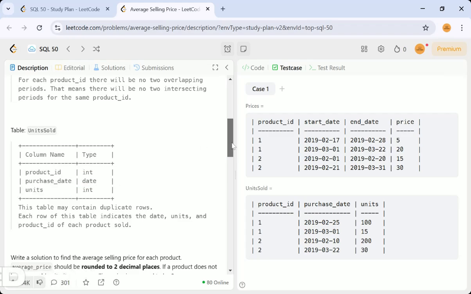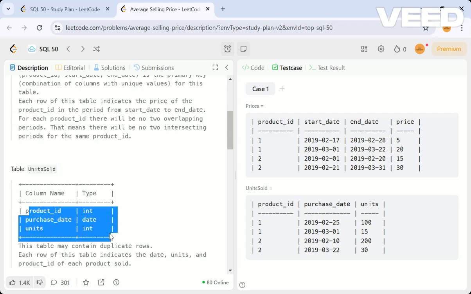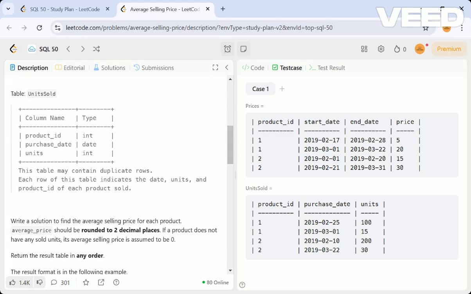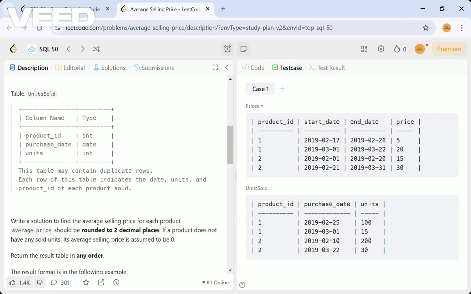It records which product was purchased on which date, and how many units were purchased. This table can contain duplicate rows: the same product on the same purchase date can appear with different units, so duplicates are possible. Each row indicates the date and units of the product that was sold.